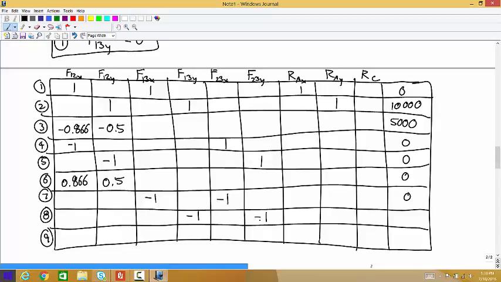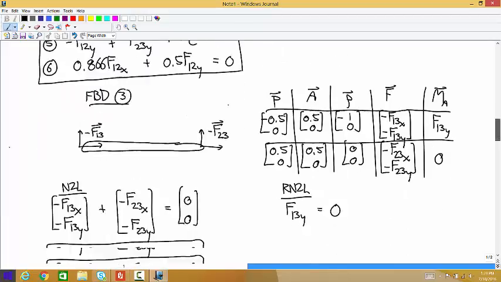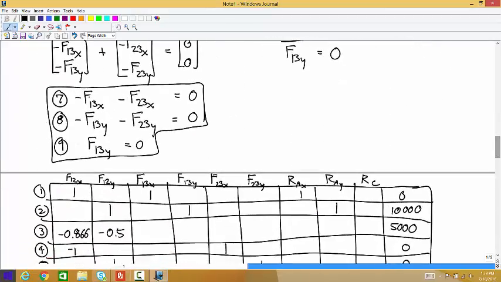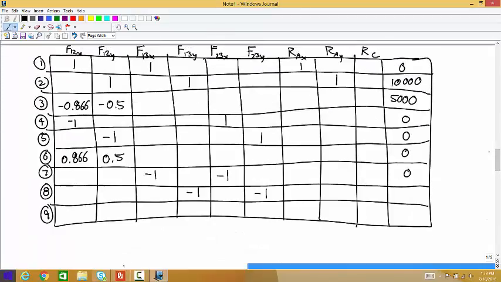I think you had it wrong in the notes. Oh, okay, we just fixed it. What equation is that? 8? I think it was like number 4.